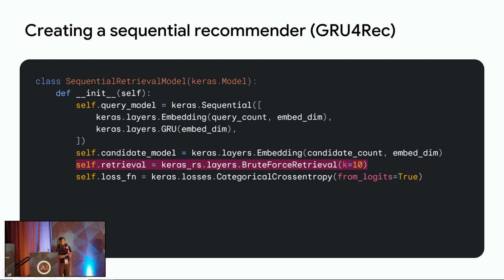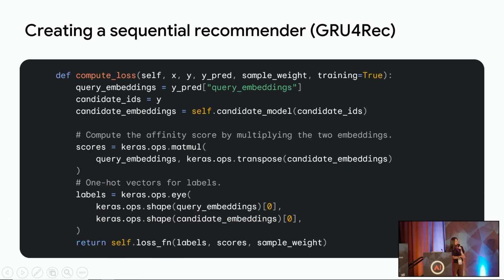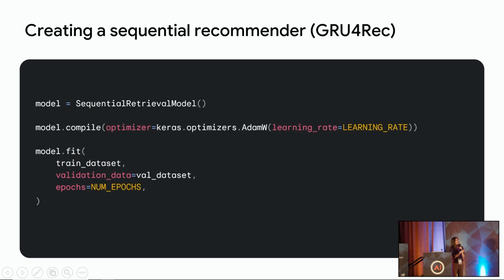And then we have our retrieval layer and our loss. And then in our call function, we'll combine everything to get the predictions. We also will override the compute loss function to calculate the affinity scores. And then all of that is combined and called at the very end by the model.fit training loop.